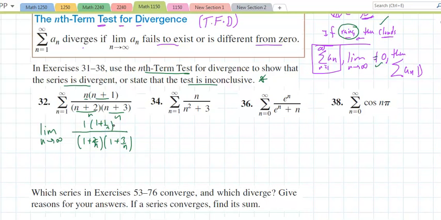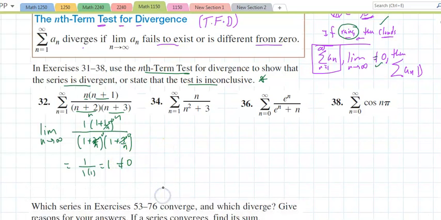This is a lot more efficient than L'Hopital if you're dealing with rationals, and you're left with 1 over 1 times 1, which is 1, doesn't equal 0. So the limit of the sequence doesn't equal 0. Therefore, the series diverges by the test for divergence.